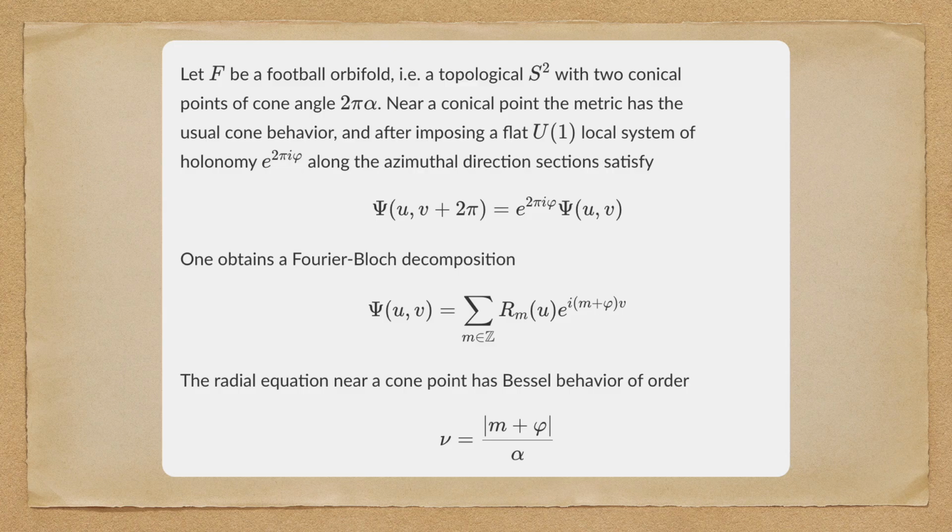So along the azimuthal directions, sections satisfy this relationship, and we obtain a Fourier block decomposition. If we solve the radial equation, we have to do a Helmholtz-like eigenvalue equation, and if we solve that, we get Bessel solutions, where the order is like so.